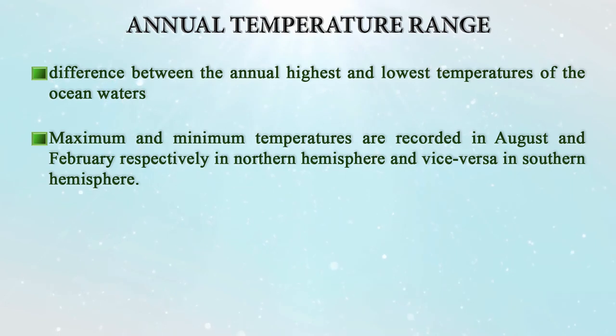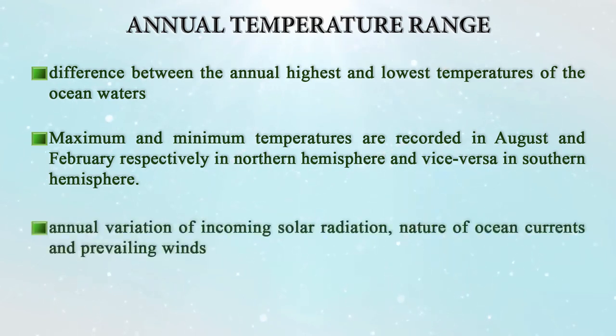So instead of July, we study the summer isotherms in August, and instead of January, we study the winter isotherms in the month of February for the northern hemisphere, and the condition gets reversed for the southern hemisphere. When the northern hemisphere is having summer, the southern hemisphere is having winter.